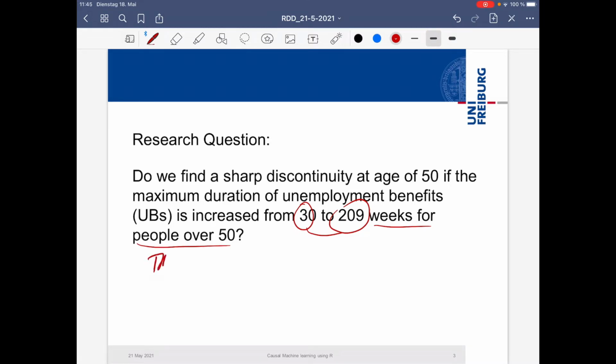So the treatment here is the prolongation of unemployment benefits, the UB prolongation, and the outcome we primarily look at is the unemployment duration, and theory tells us that the prolongation of unemployment benefits might lead to longer unemployment durations.